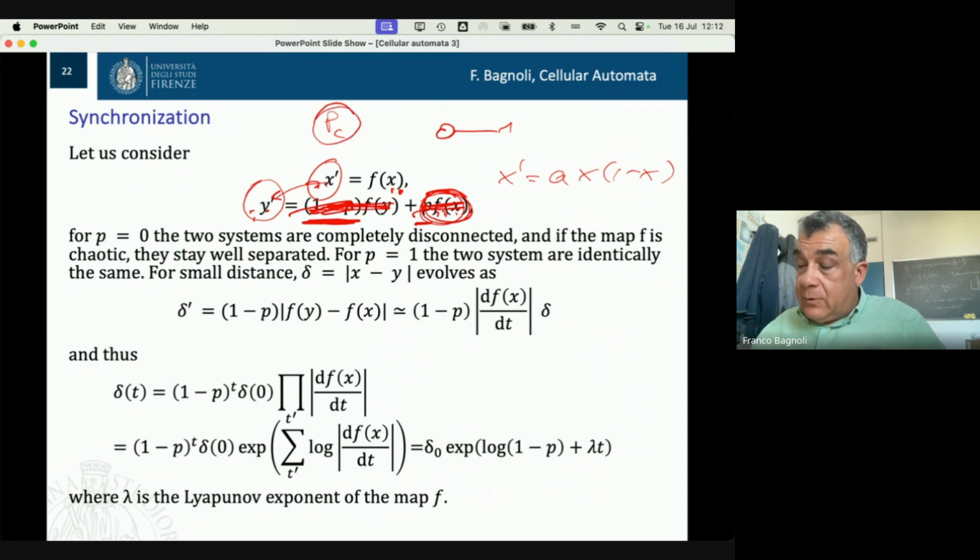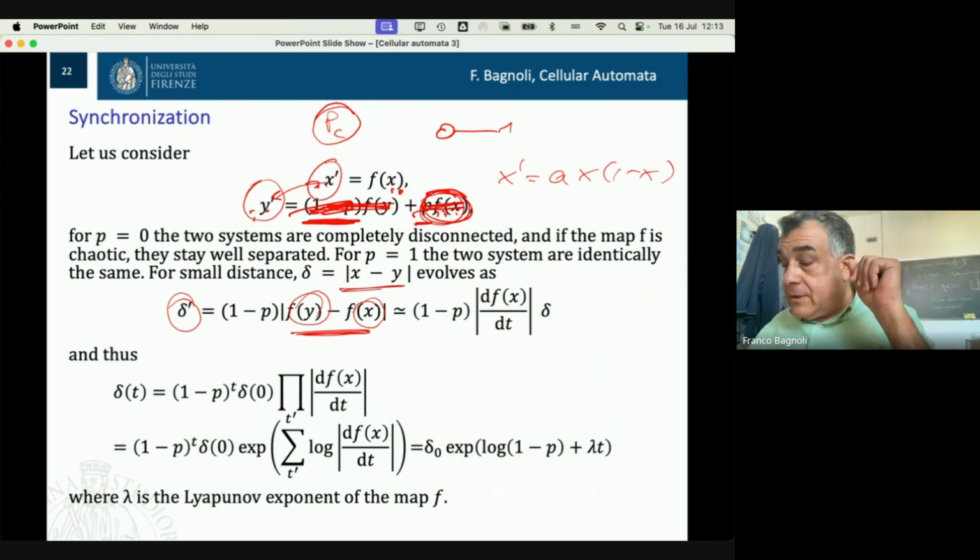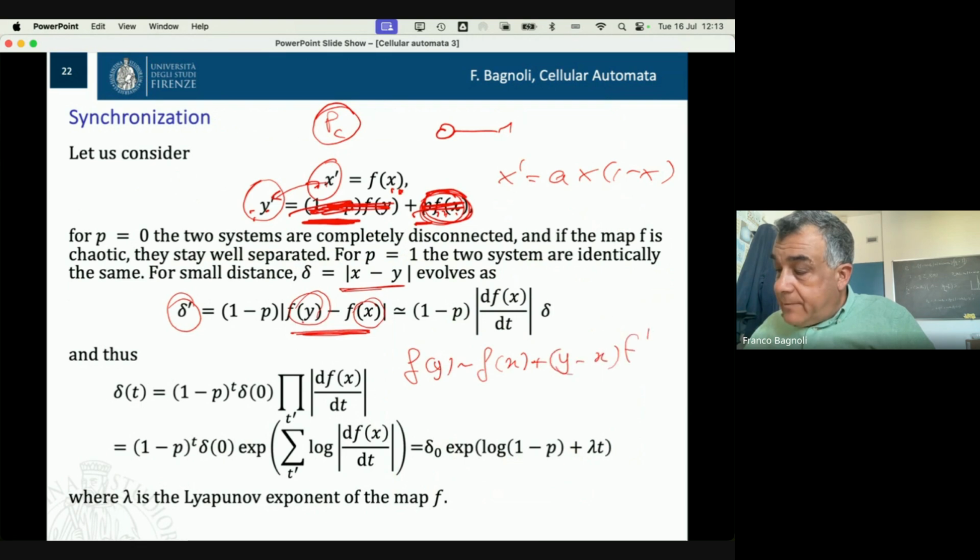how this is related to other dynamical properties. The idea is that if you compute the distance, this one, then you develop Y around X, so near the synchronization transition, you find that f of Y is similar to f of X times 1 plus (Y minus X) times f prime of X. And so you get this one.